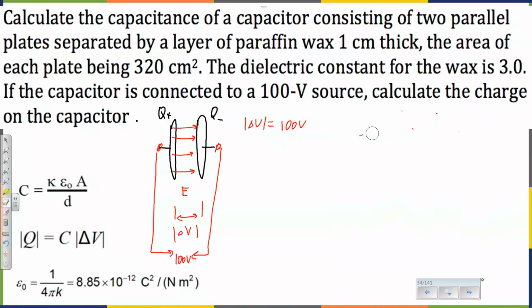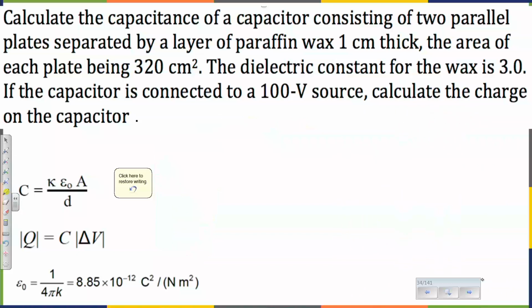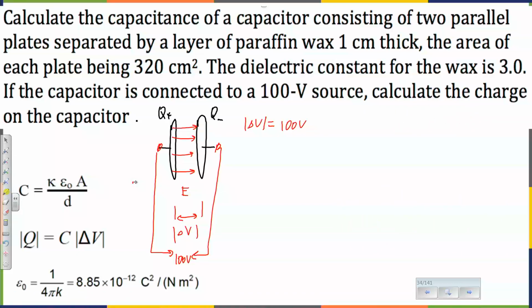So C is equal to K epsilon naught A over D: 3, 8.85 times 10 to the negative 12. Area. This is the part when people might make a mistake because we need to convert centimeters squared into meters squared.